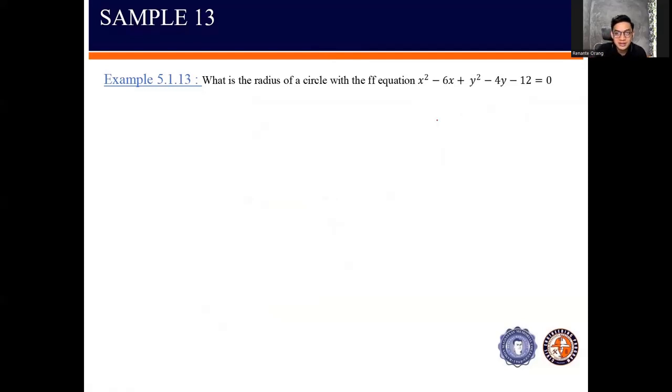So let us repeat what we did earlier. Let's write our h and k first, then our standard formula: x minus h squared plus y minus k squared is equivalent to r squared.